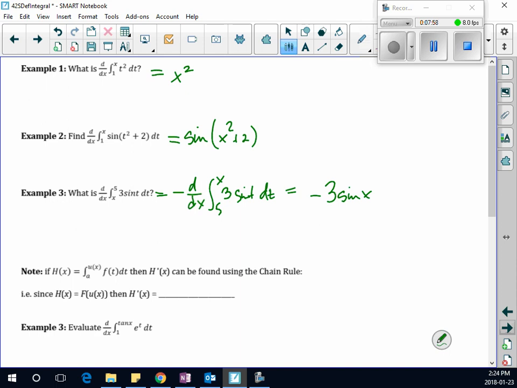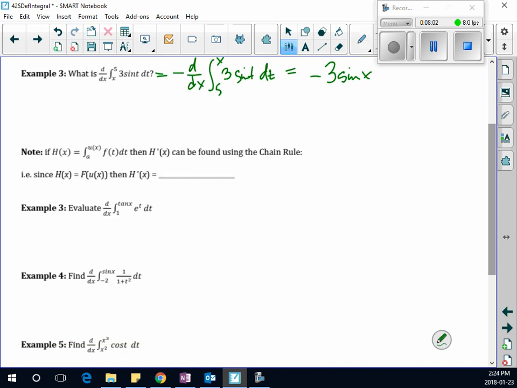So if capital H of x equals the integral from some constant to some function this time, do you see this is a function, not just a variable, then the derivative can be found by using the chain rule. So since h of x is, remember we kind of use the notation for antiderivative of f of x to be capital F of x. So this is going into that.